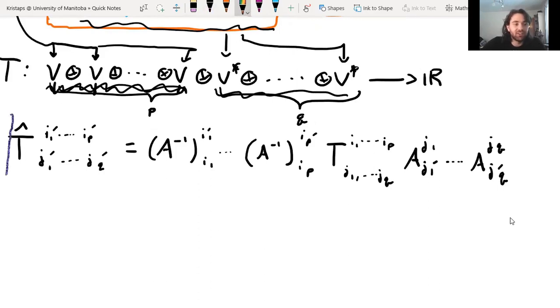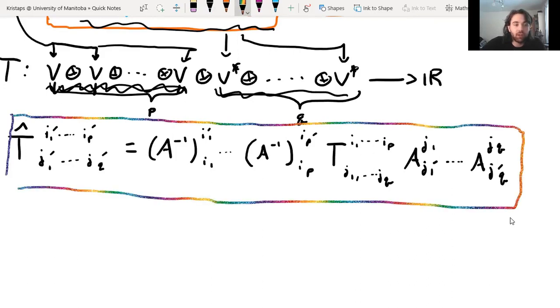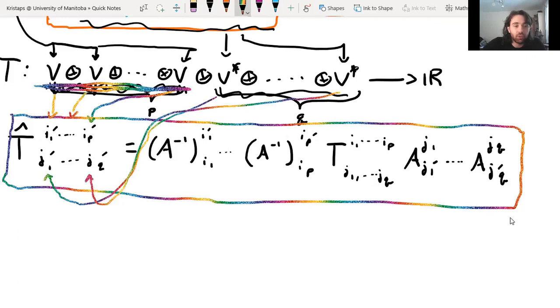This is the rule. If you have a tensor with some number of components, it tells you how to perform this linear map. Each one of these upper components tells you exactly how the tensor behaves on each one of these copies of the vector space V. And each one of these lower components tells you how the tensor behaves on each copy of the dual space.